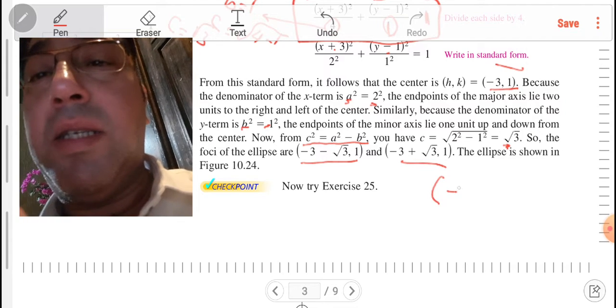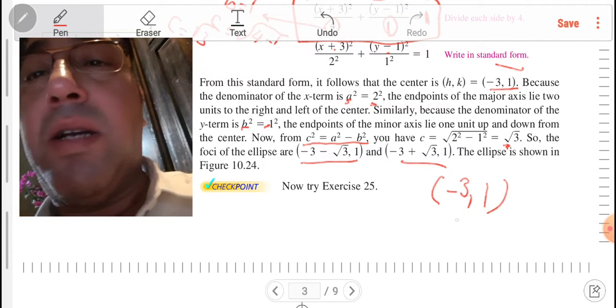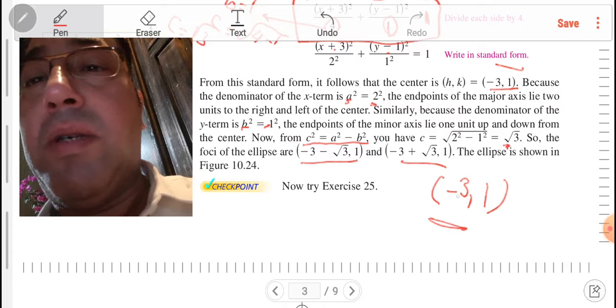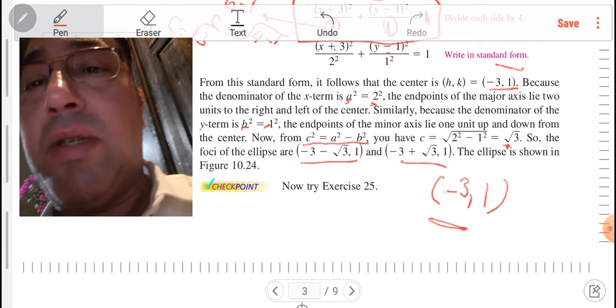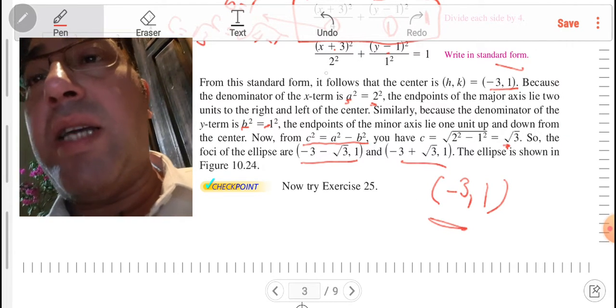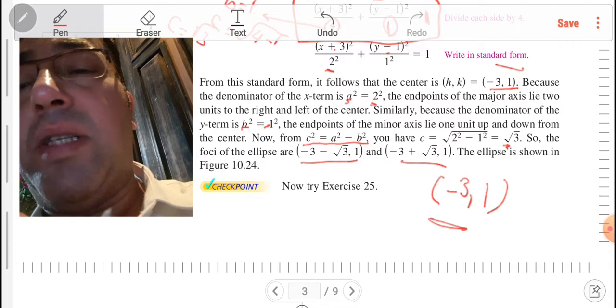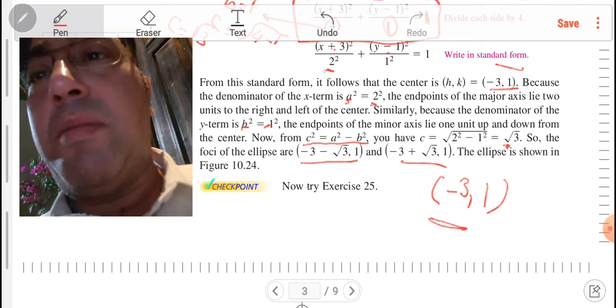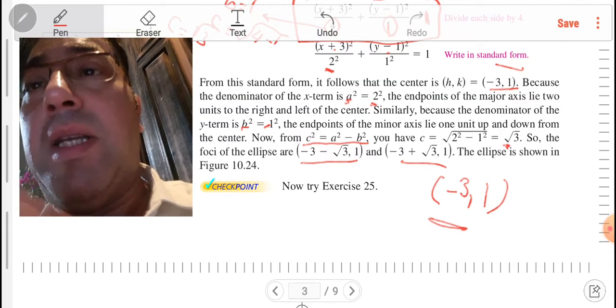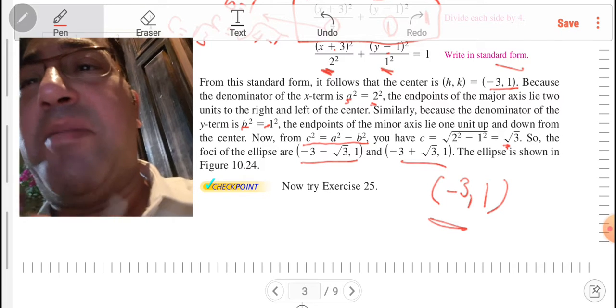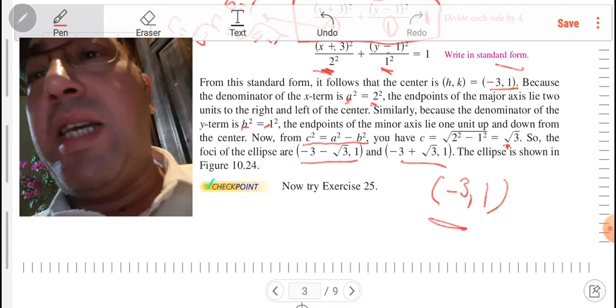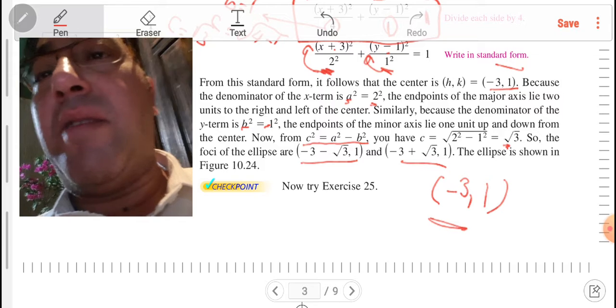You know that the center location is (negative 3, 1). Negative 3 in the horizontal position. So don't forget it's horizontal because a is greater than b. A for x is greater than b for y.